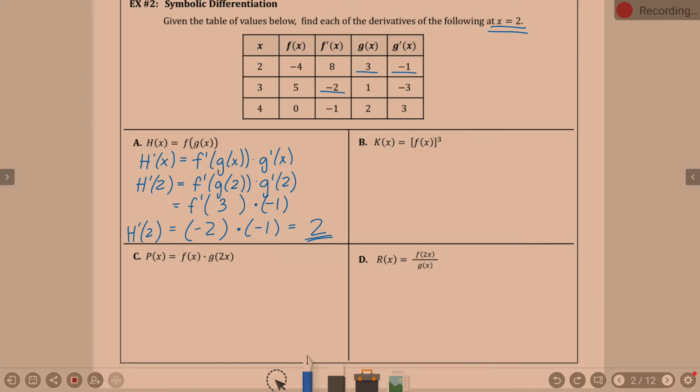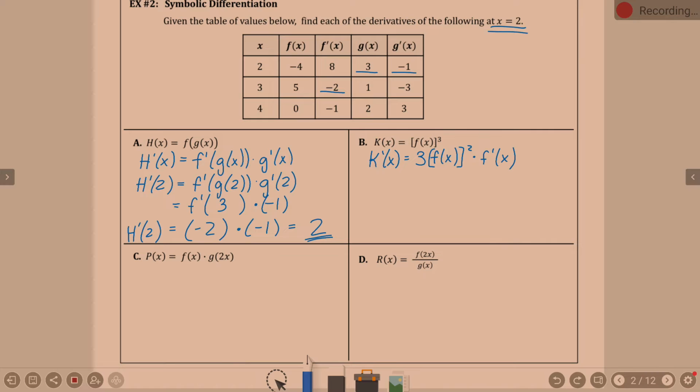B. K of x is f of x raised to the third power. Let's talk about k prime of x. How do we do the derivative of something raised to the third? 3 out front times f of x raised to the power of 2 times f prime of x.